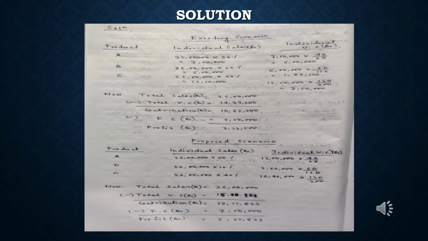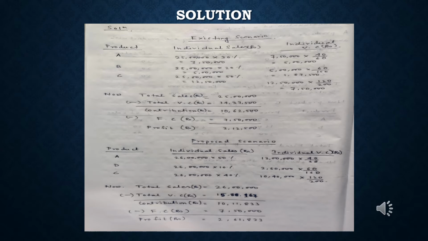As you can see, in the existing scenario we need to find out the individual sales and the individual variable cost. Now, coming back to individual sales, total sales for the last year was given at 25 lakh.